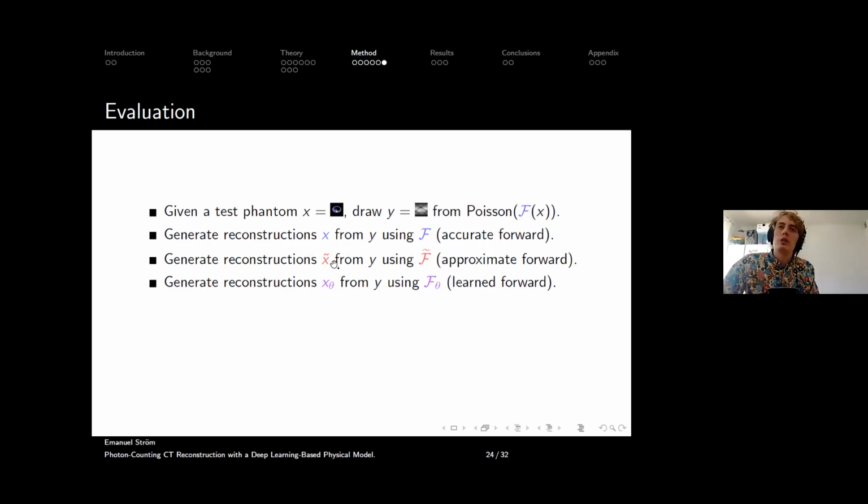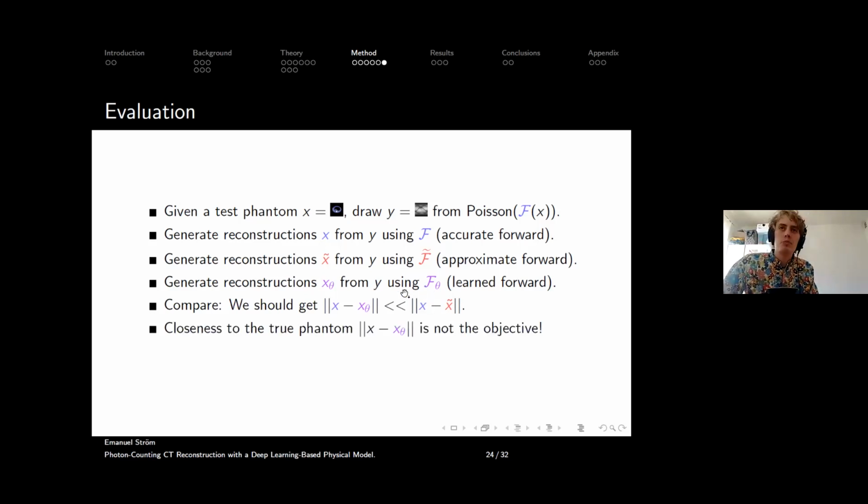And then the idea is that if this learned forward operator is any good, it should perform better than this approximate forward operator. So we compare the reconstructions using the learned forward operator to the reconstructions using the approximate forward operator. And as a side note here, we are not interested right now in how good these reconstructions are compared to the ground truth, only compared to the reconstructions that we get using the most accurate physics model that we have.